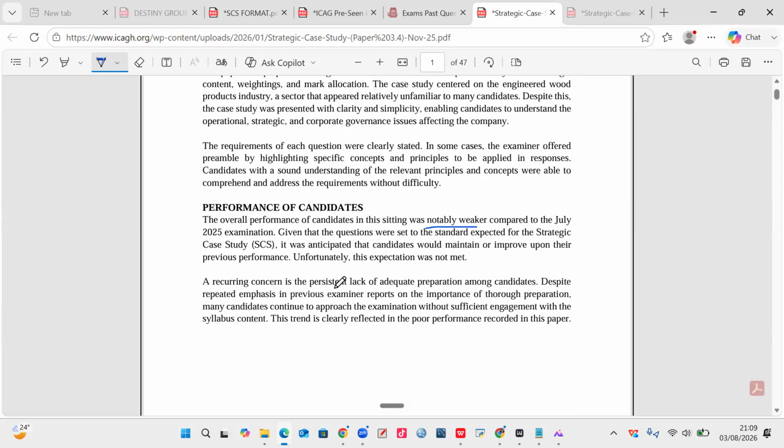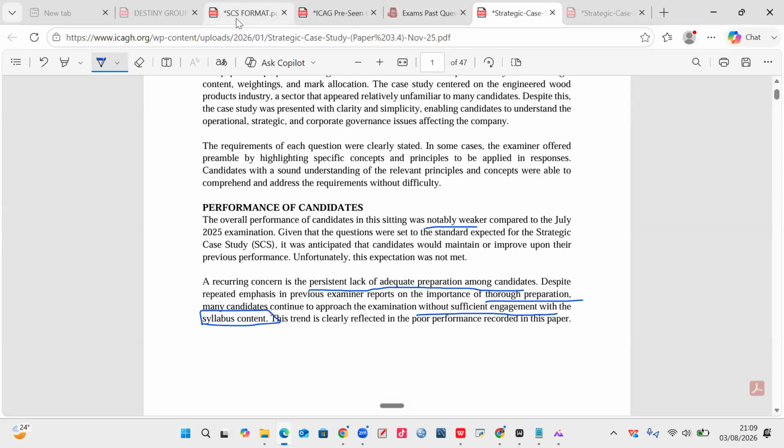A recurring concern is the persistent lack of adequate preparation among candidates. Despite repeated emphasis in previous examiner reports on the importance of thorough preparation, many candidates continue to approach the examination without sufficient engagement with the syllabus contents. The syllabus content is the format.